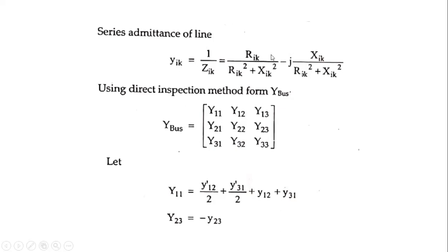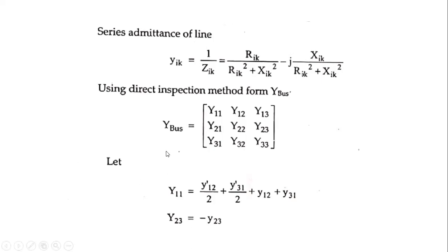This is the formula for finding the series admittance values, as discussed in the previous derivation. Y_ik is equal to 1 by Z_ik, that is equal to R_ik by (R_ik square plus X_ik square) minus j X_ik by (R_ik square plus X_ik square).